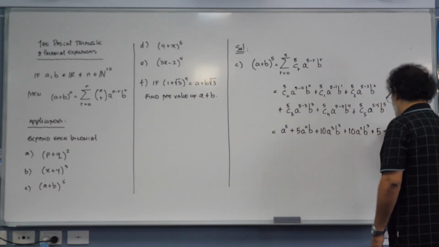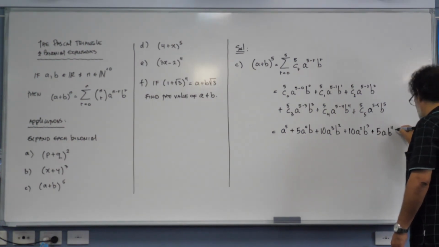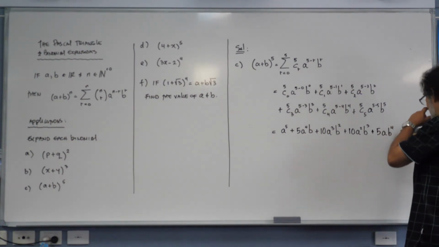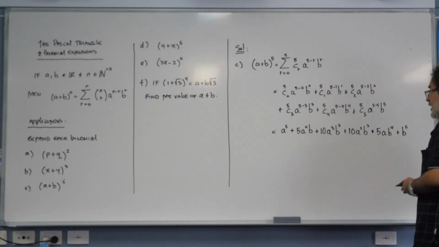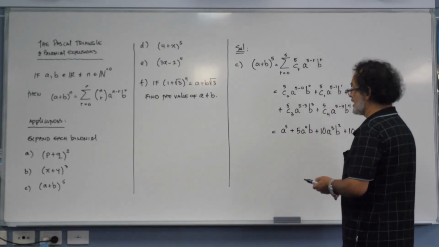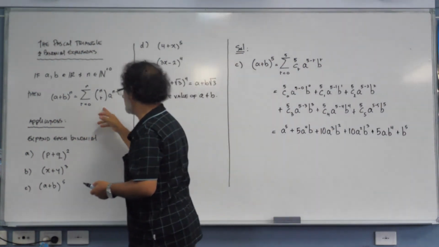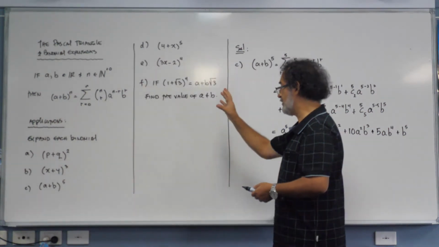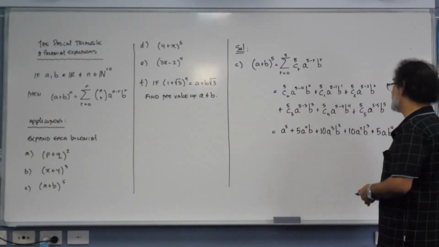So it's going to be 5ab to the power of 4. And finally, b to the power of 5. That's it. You see, as I said to you yesterday, now you can do any expansion very, very easily, and you have a very systematic way of doing it. So it's very, very good.